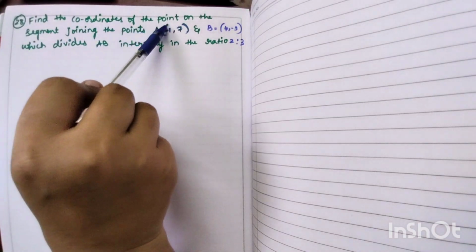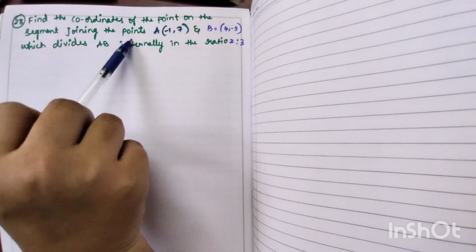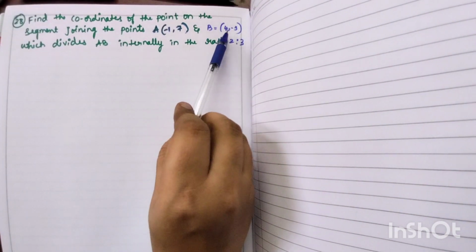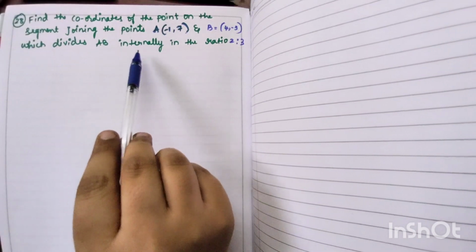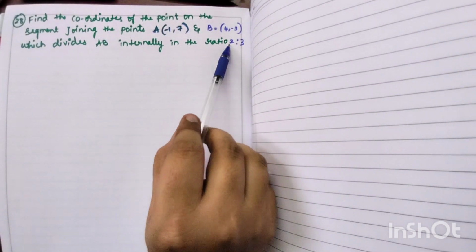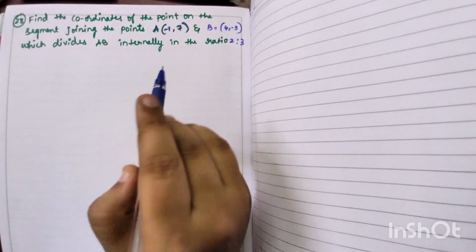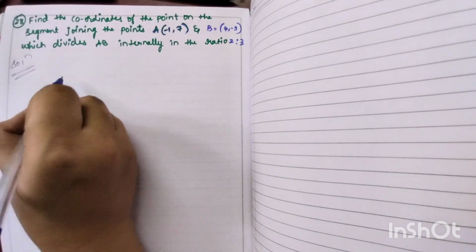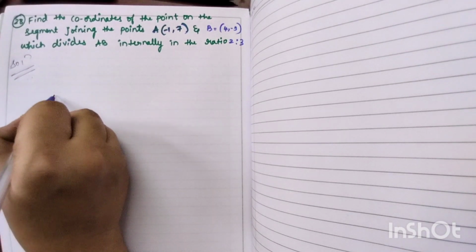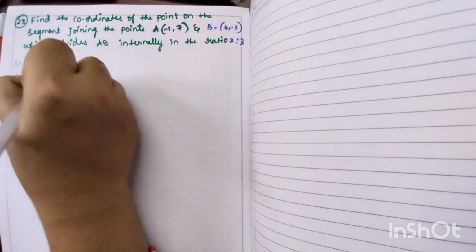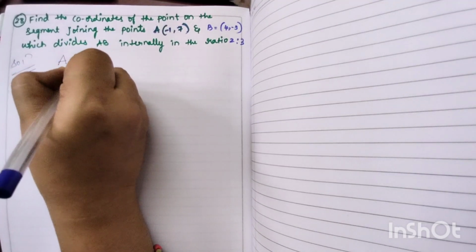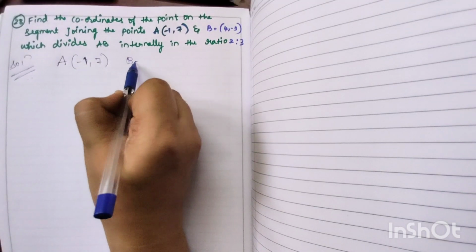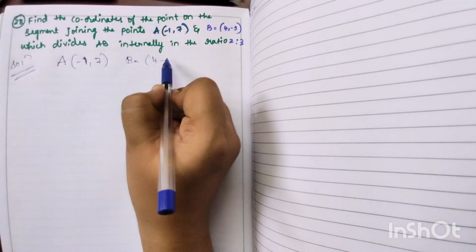Find the coordinates of the point on the line segment joining the points A(-1, 7) and B(4, -3), which divides AB internally in the ratio 2 is to 3. Correct? So now there is a formula for it. Let's write the solution first. Here first let's understand: A is (-1, 7), and B is nothing but (4, -3).